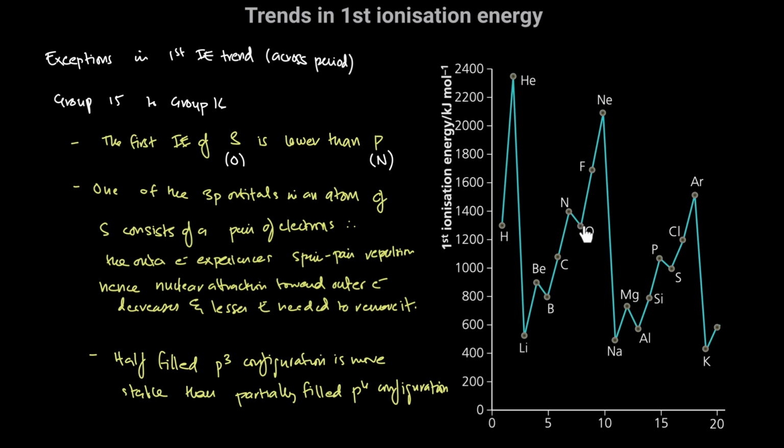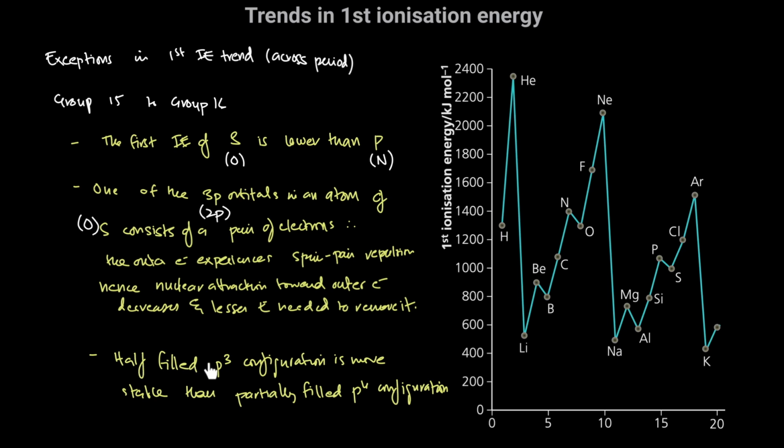In the oxygen atom, because we have a 2p4 configuration, one of the 2p orbitals in an atom of oxygen consists of a pair of electrons. The outer electron experiences spin pair repulsion, and nuclear attraction towards the outer electron decreases, and lesser energy is needed to remove it.